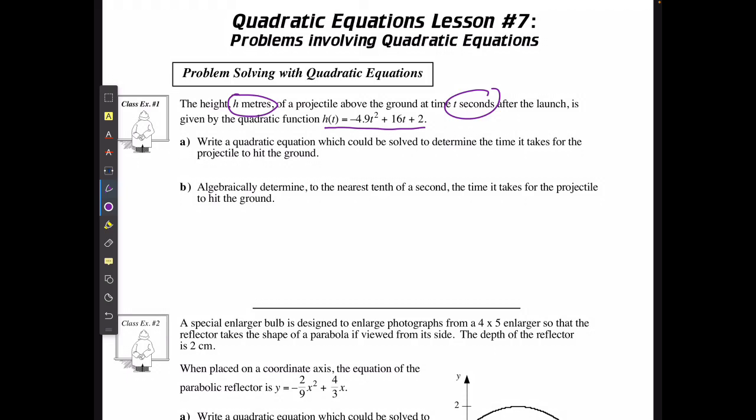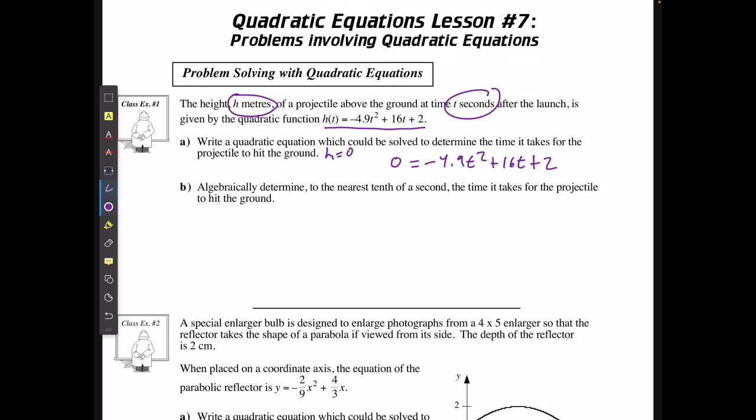Well, when it hits the ground, the height is going to be 0, which means that I can use the equation 0 is equal to negative 4.9t squared plus 16t plus 2.